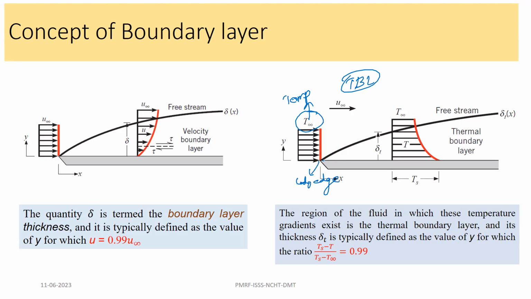Those layers in contact with the surface will get the temperature of that surface, and the remaining layers will have the free stream T infinity, and inside there will be a velocity and temperature gradient. That is also created due to the viscous effects.